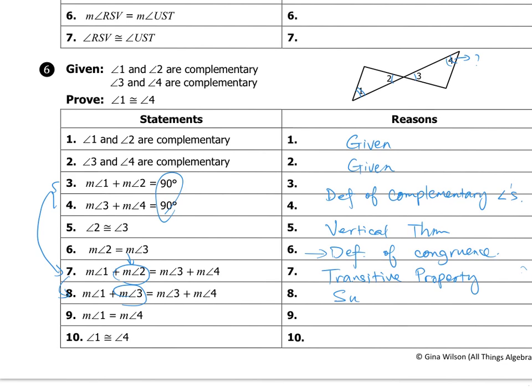So I simply did a substitution right there. And from there on, I can do an algebraic subtraction property, which is totally legal. I just subtracted the angle measure of 3, which is just a number, right? And now I have the angle measure of 1 and the angle measure of angle 4 being the same, they equal each other. Therefore, by definition of congruence, they are congruent to each other. Okay? So that's number 6.